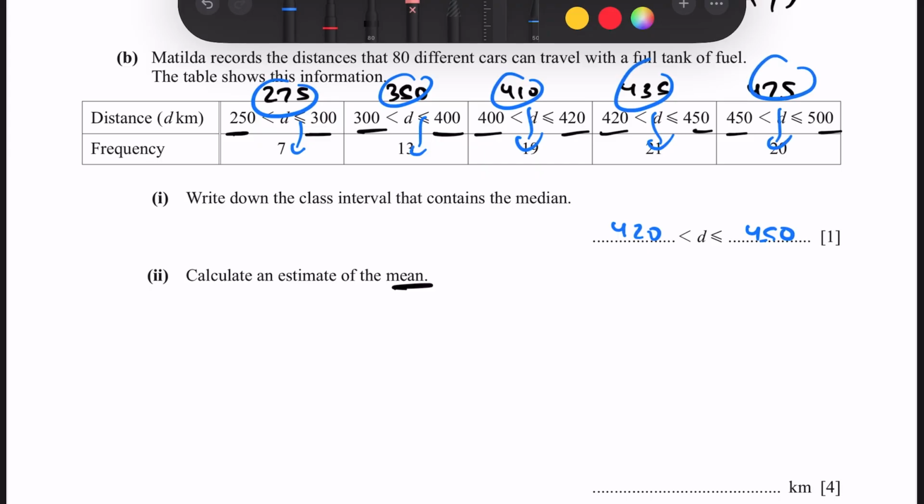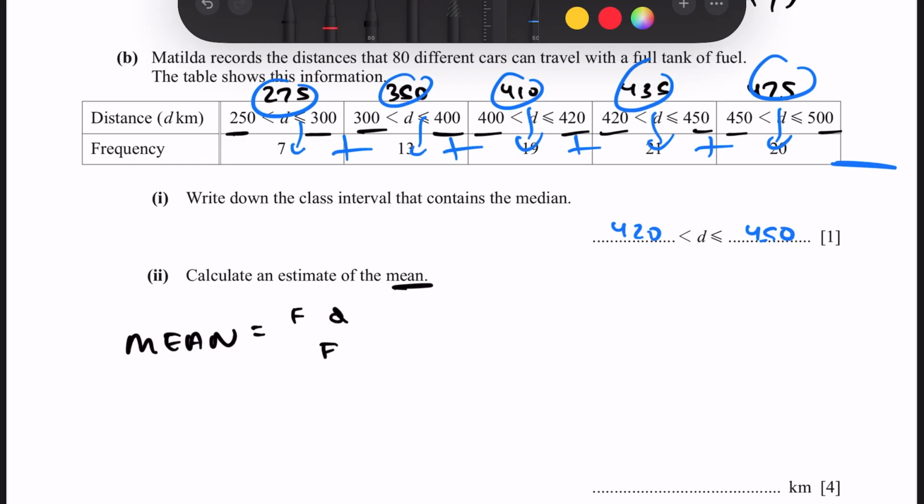We then add up all these values to get our numerator for the mean. And our denominator is simply the frequency. So our mean is equal to the frequency times the values, like the distance itself, divided just by the frequency.